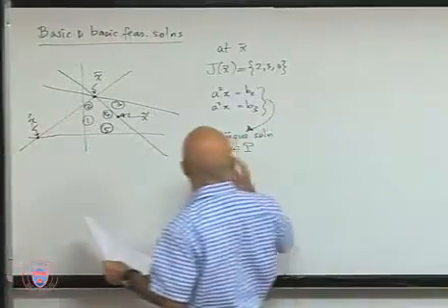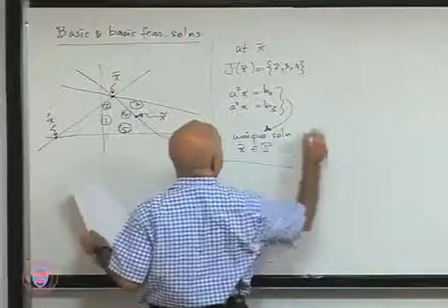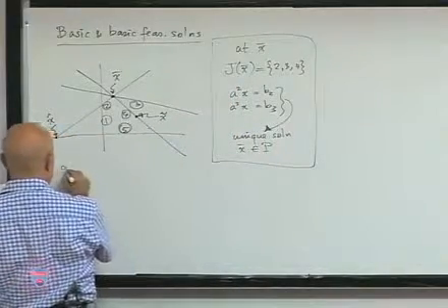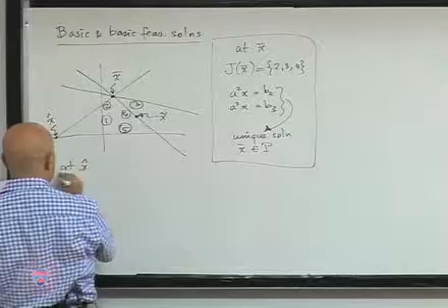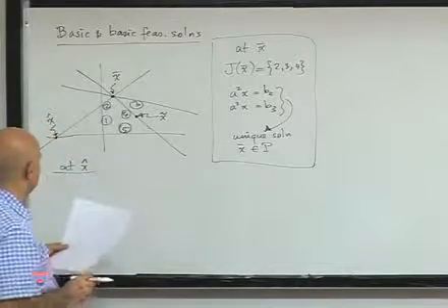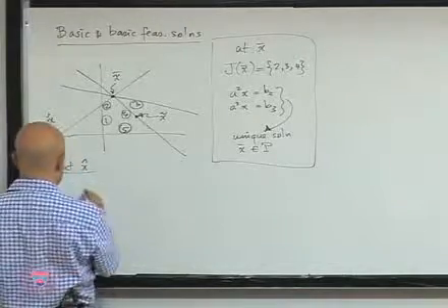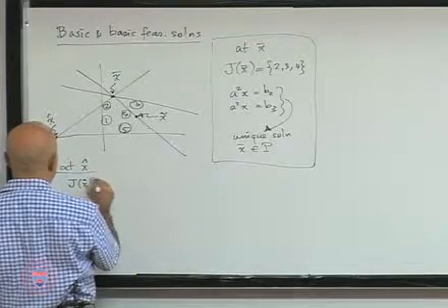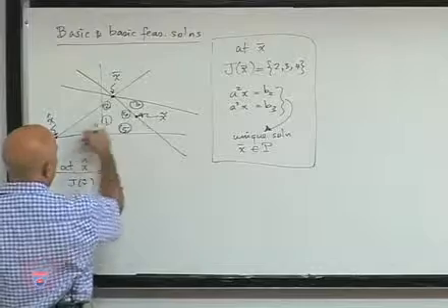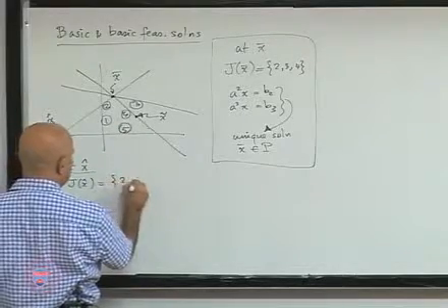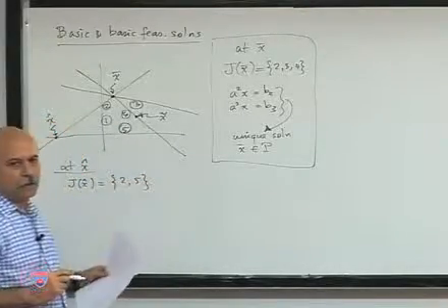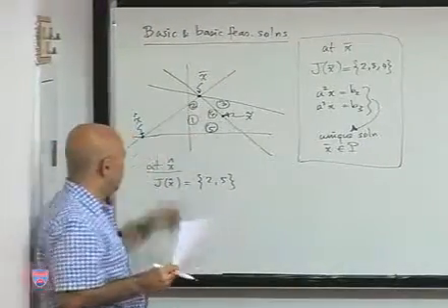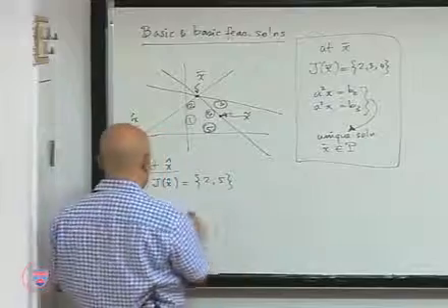All right, let's look at the situation at x tilde and x cap. Let's look at x cap first. So at x cap, my active set consists of which ones? 2 and 5. Yeah, 2 and 5.